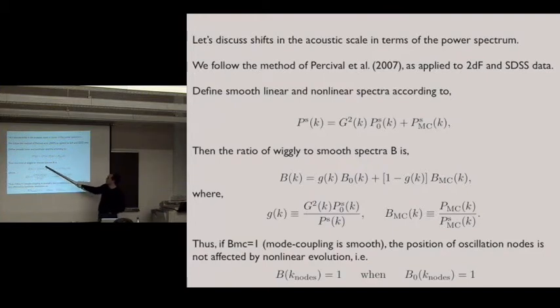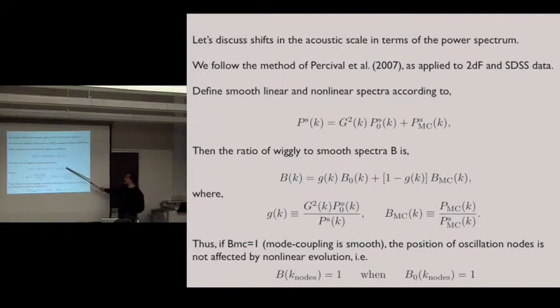So this gets damped again, plus a term that depends on the ratio of the mode coupling for wiggly divided by non-wiggly initial conditions. So what people have assumed in this paper is that this extra power, the mode coupling, because it's generated at small scales, has no information on the baryon acoustic oscillation. So they say this is essentially the same as this.